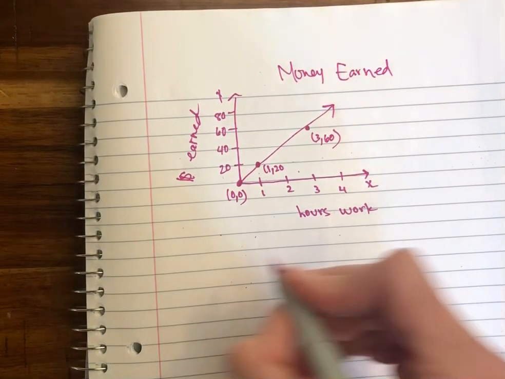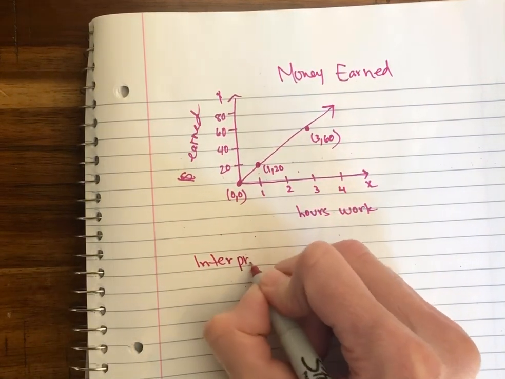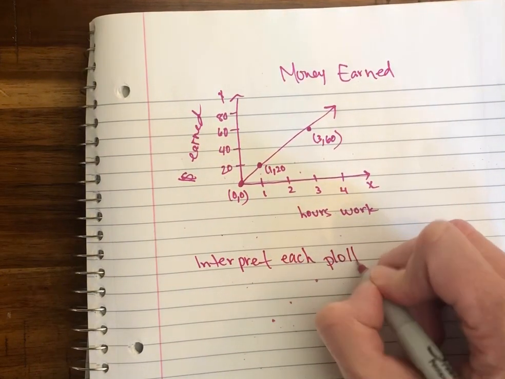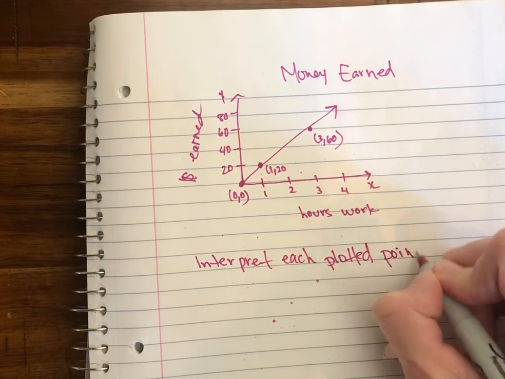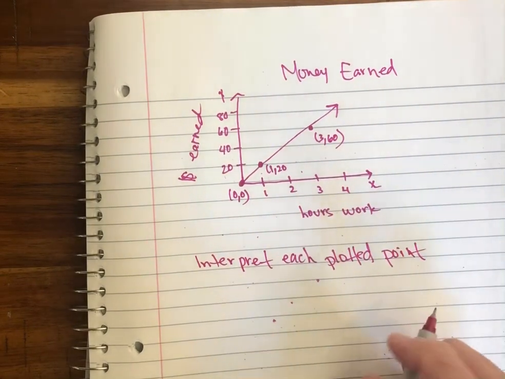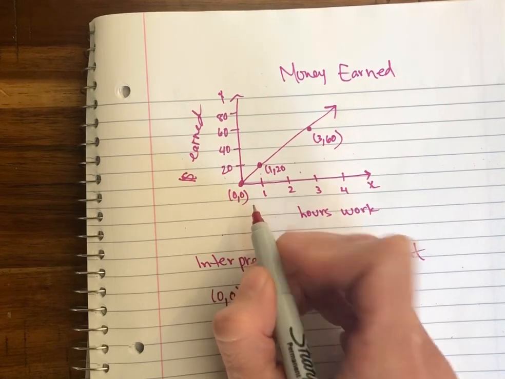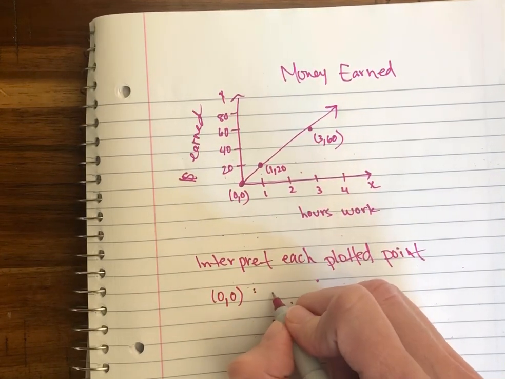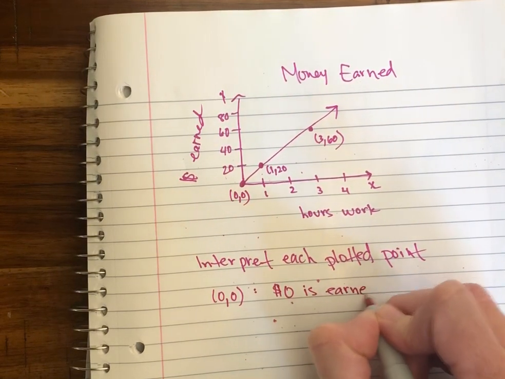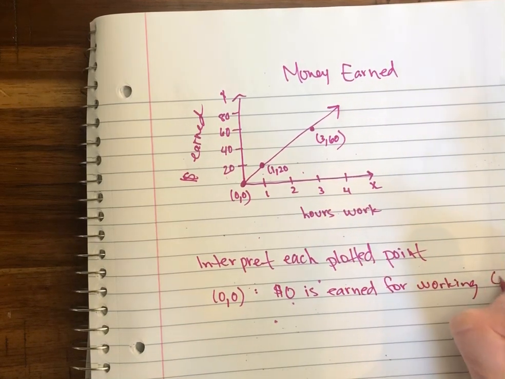Okay, so if we want to interpret each plotted point, all you need to do is say what that plotted point represents. So if we take the first one that was identified, 0, 0, that would mean $0 is earned for working 0 hours.